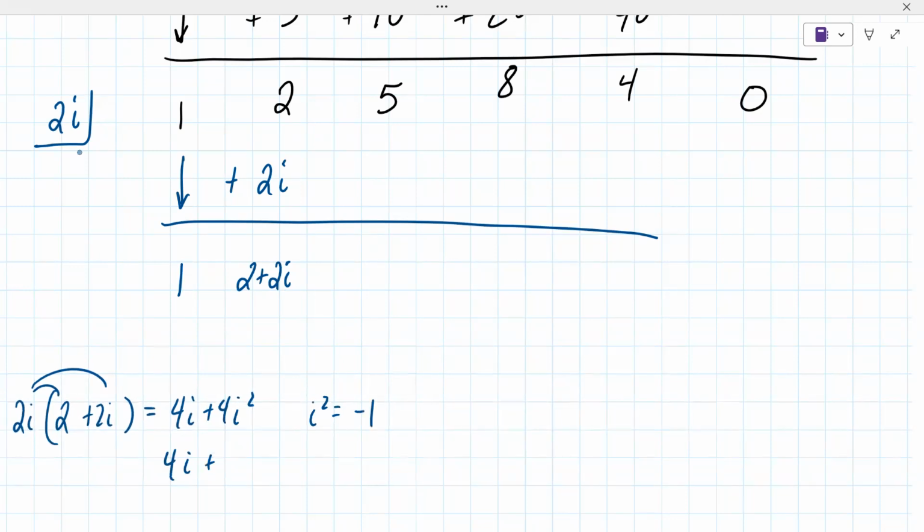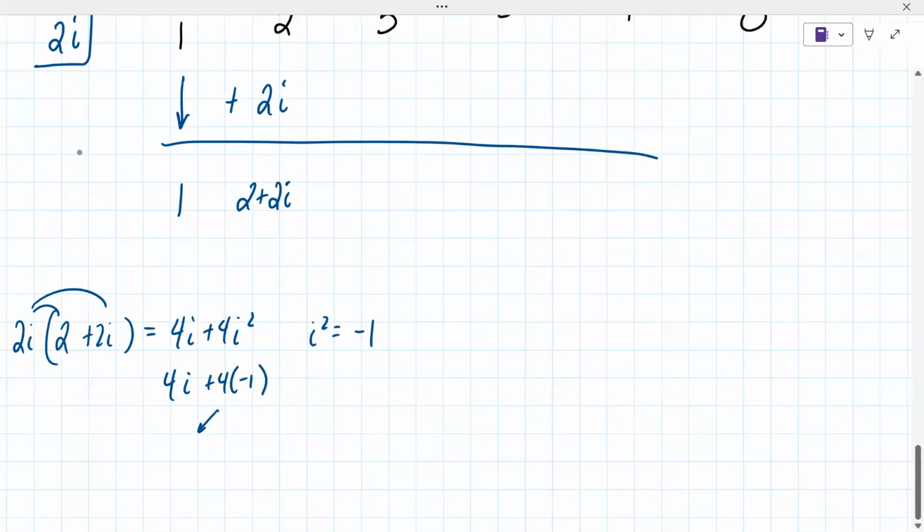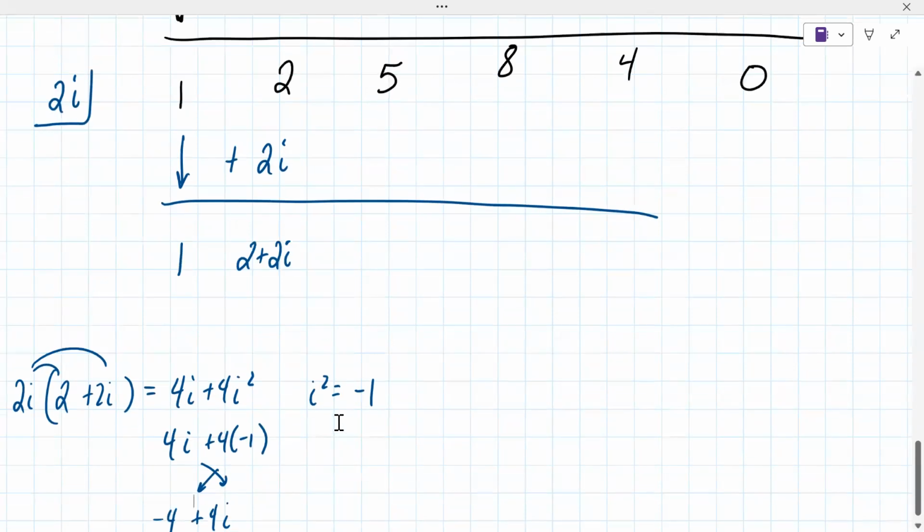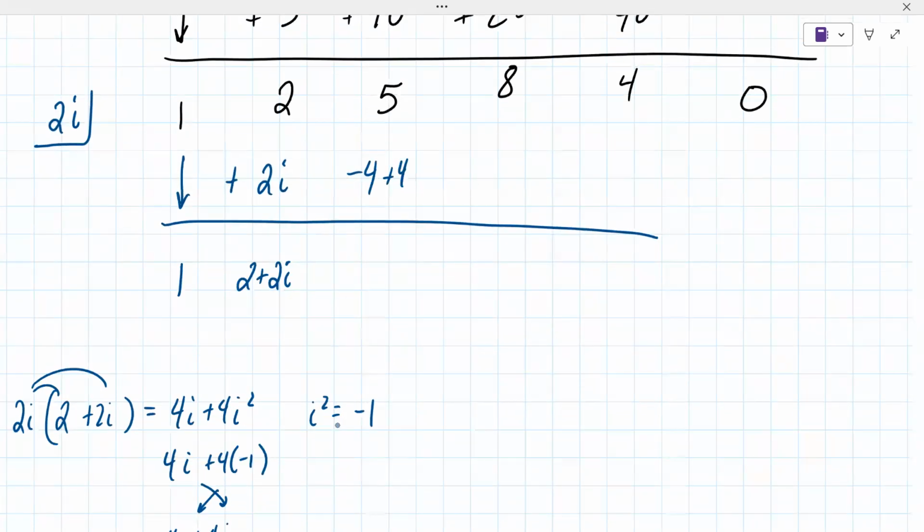Yes, this becomes 4i plus 4 times -1, which you can rewrite here as -4 plus 4i. Is that okay? Yes. Right, so that's what goes here, -4 plus 4i.